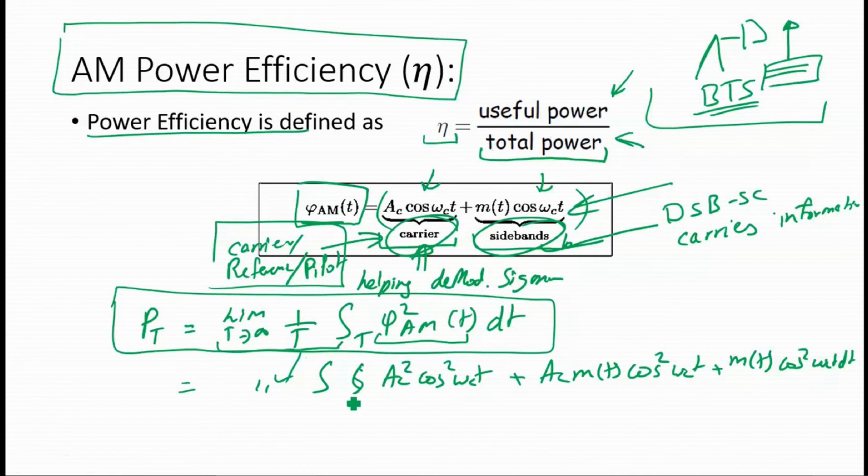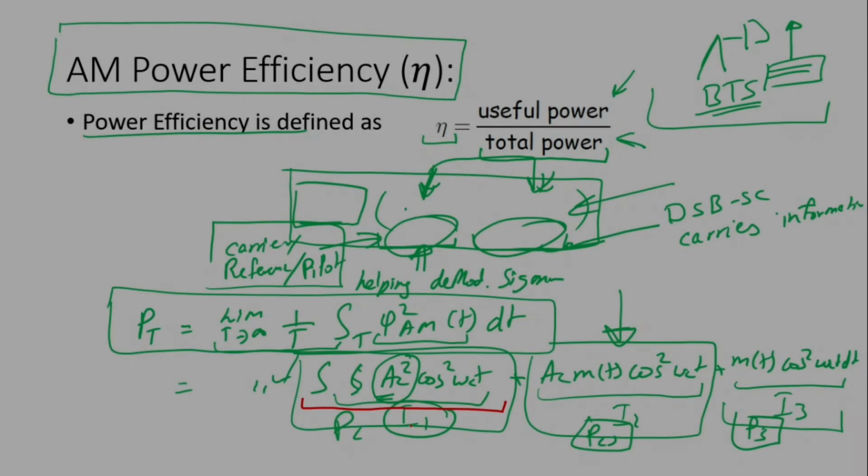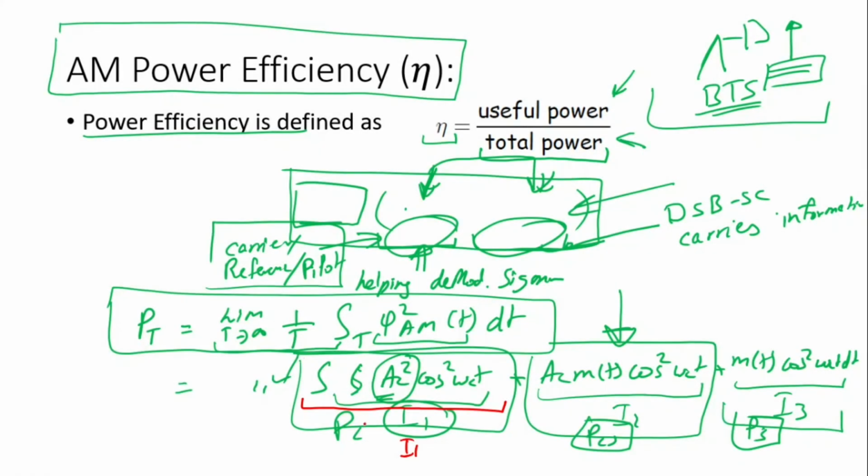Now we have three different signals. Let me denote them by three different integrations. Let me call the first one I1, the second one I2, and the third one I3, and let us solve each one of them. The first integration, I1, links with the power in the carrier.